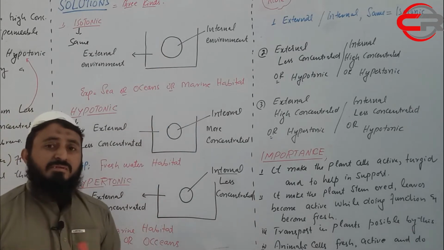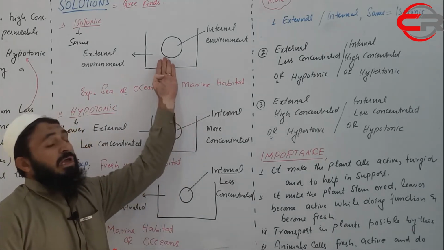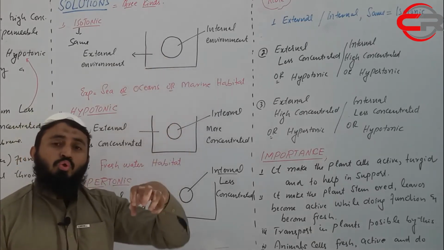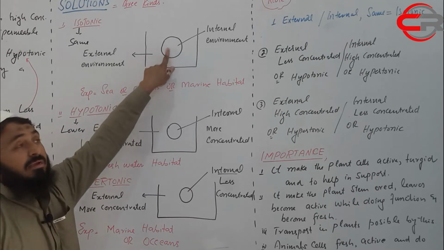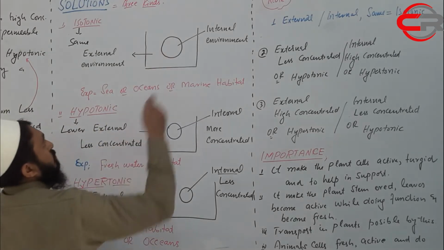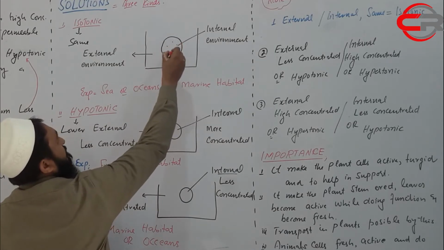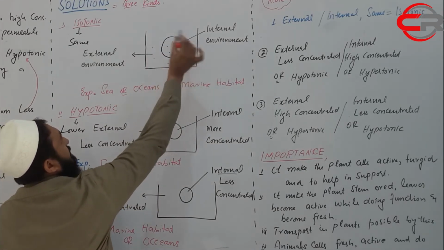I want to explain it in this experiment: a cell that I have kept in a solution inside the beaker. If the inside of the cell and the outside of the cell become the same, I will dot it 1, 2, 3, 4, 5 and 6 on each side.